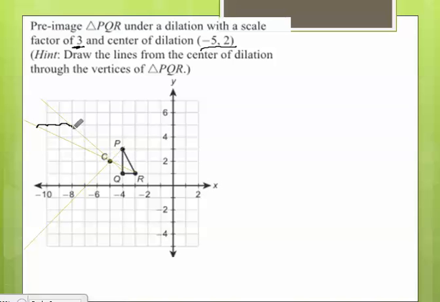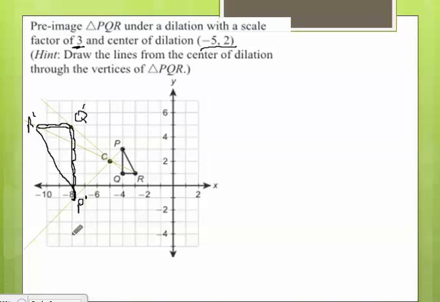It's got to go from P, it's got to be 6 because it's got to be 3 times bigger. 1, 2, 3, 4, 5, 6. I think we found where the new PQR is going to be located right there. And this is going to be my Q prime, this is going to be my R prime, and this is going to be my P prime.